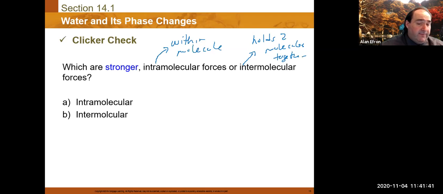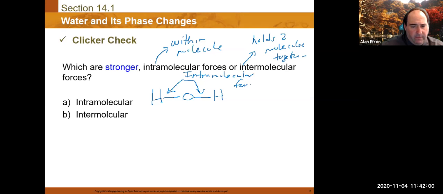So if we take, for example, just one individual water molecule here, the covalent bond between the oxygen and the hydrogen on the left and the oxygen and the hydrogen on the right, these are intramolecular forces. And that is the covalent bond, between the oxygen and the hydrogen, they're sharing electrons.